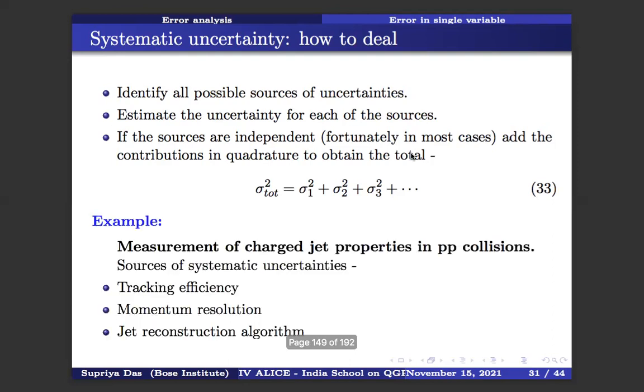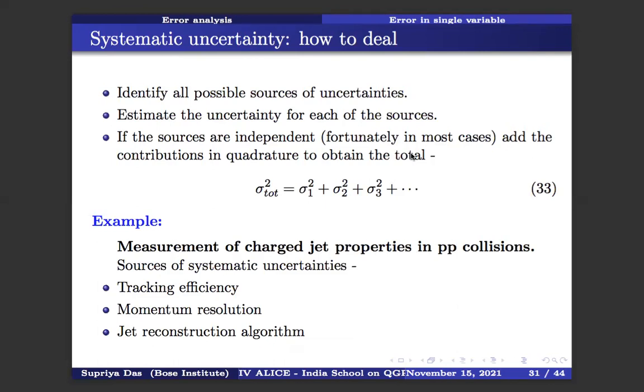One example of this is, for example, you are measuring properties of charged jets in pp collisions. Then you may have sources of systematic uncertainty such as the tracking efficiency. If you use different tracking efficiencies, you get an uncertainty related to this, because different algorithms give you different efficiency.